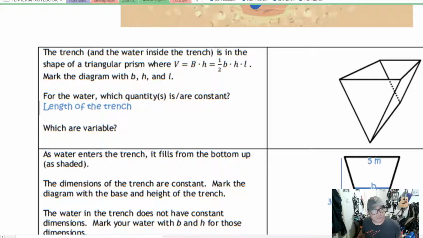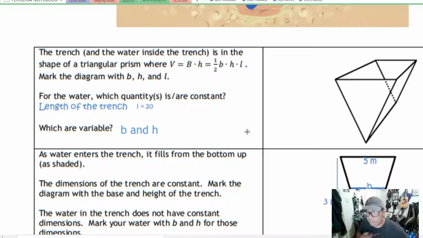So the length of the trench is always constant. Okay, so which of these are variable? Well, b is variable, and h is variable. Both b and h are variable. That means that we can substitute L immediately, but we can't substitute either b or h.